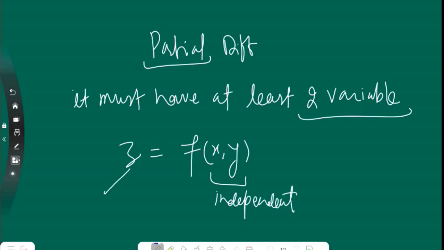And this is the dependent variable, which is dependent on x and y. So we are going to know why it is called partial.